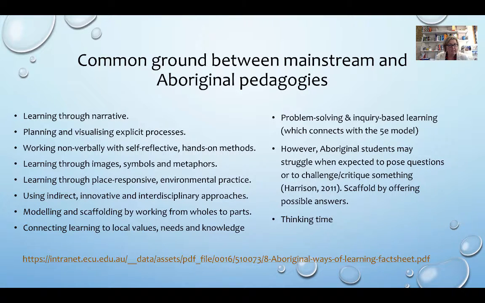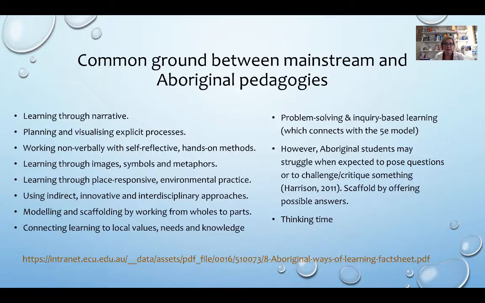Using indirect and innovative and interdisciplinary approaches, which is what we've talked about in the last few weeks as well when we looked at finding links, for example, in those units you looked at from Queensland, which had other disciplines, that had other curriculum content than just literacy, but the idea that we're integrating to get a meaningful picture.